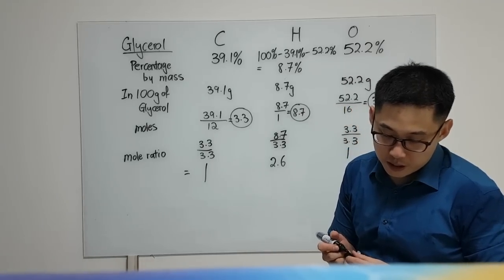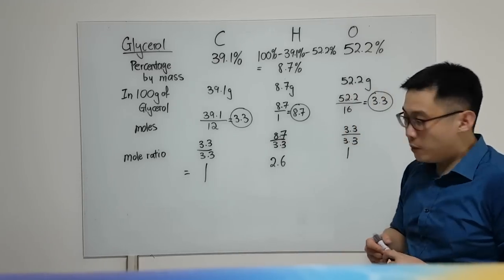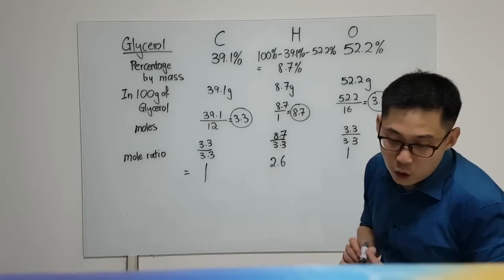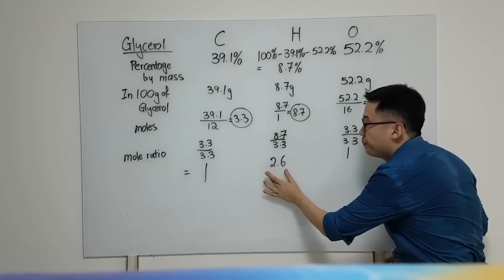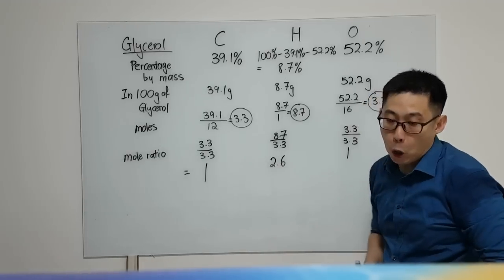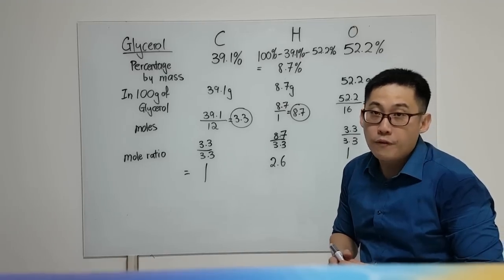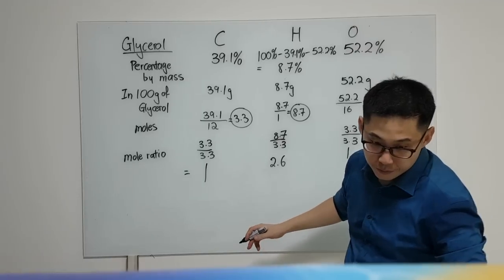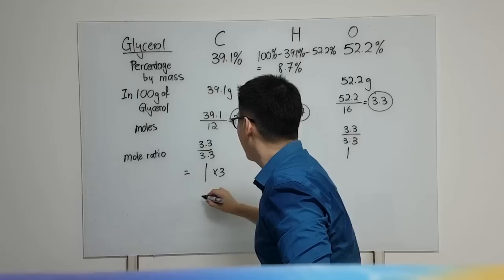So, students, once we actually get this kind of numbers, the idea is that we really want to change it in such a way that this number here can actually be a whole number. So in order for me to do so, one of the best ways is to multiply this by 3. If I were to multiply this by 3, this becomes 3.